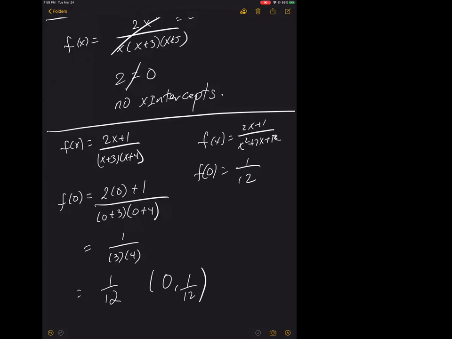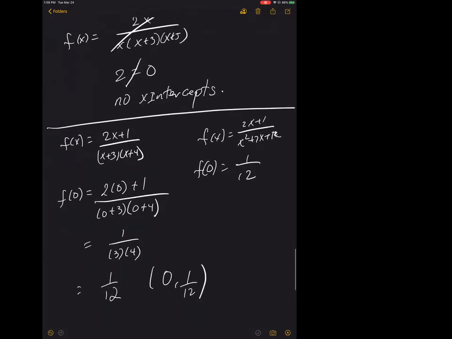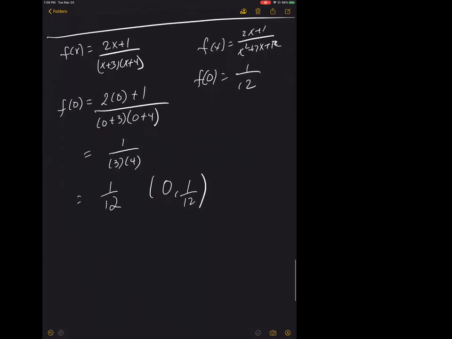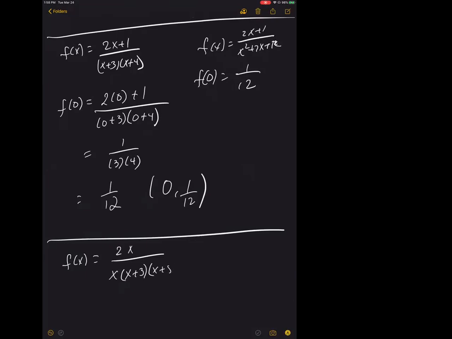Now, for the other example, to find the y-intercepts, f of x equals 2x over x times x plus 3 times x plus 5.